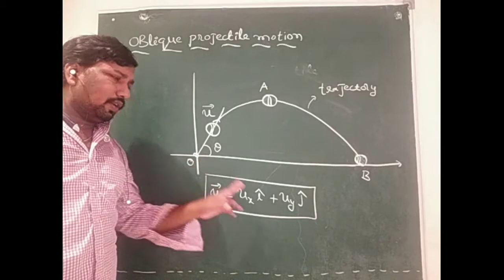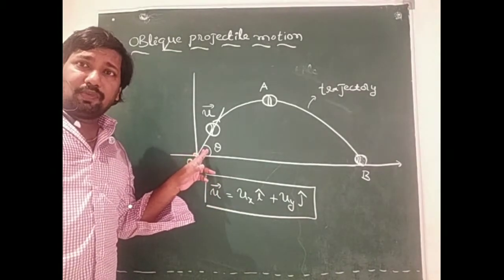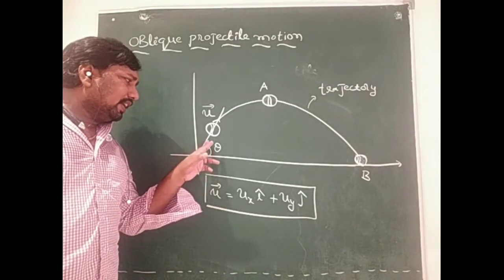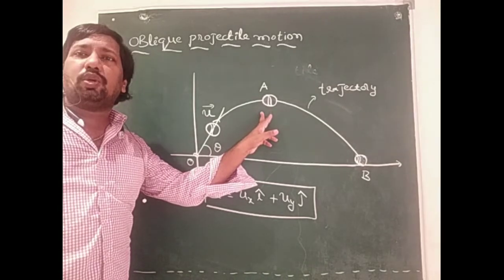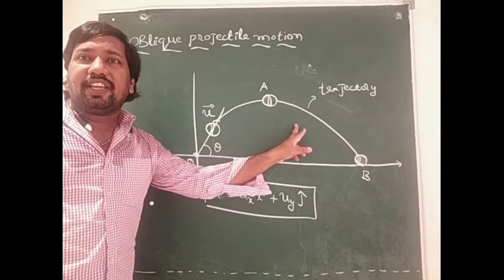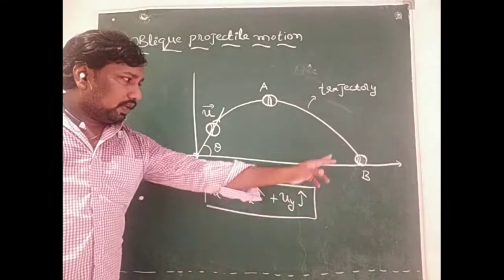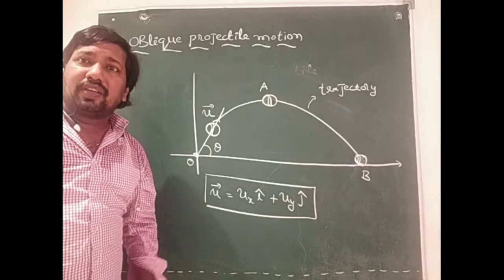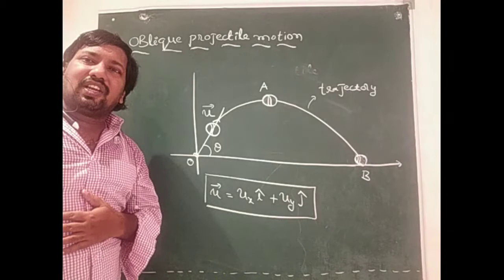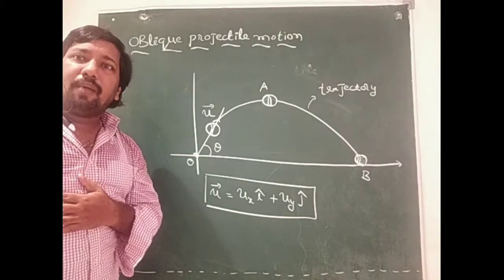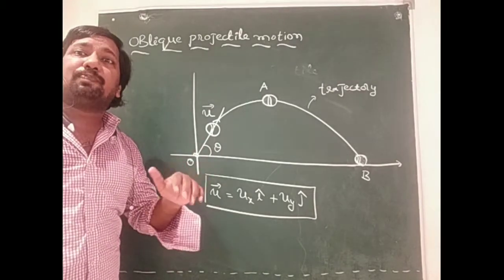The vertical velocity component is maximum initially, and then it gradually decreases. At the maximum height its value is 0, and then it gradually increases until, on reaching the earth surface, its value is maximum. In the vertical direction there is an acceleration, because the u sin theta term changes with respect to time.